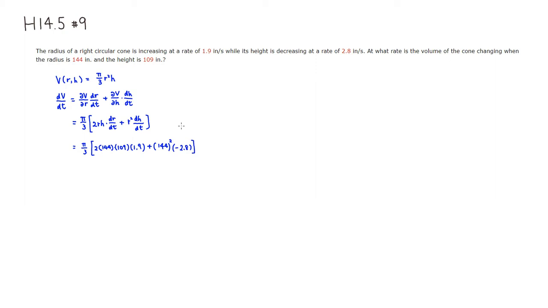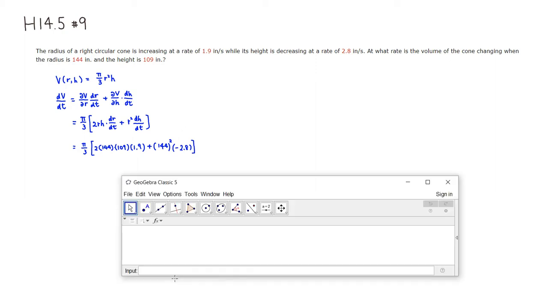I'm going to use GeoGebra to compute that. Let's open up GeoGebra. What we have is pi over 3, multiplied by 2 times 144 times 109 times 1.9, plus 144 squared times negative 2.8.